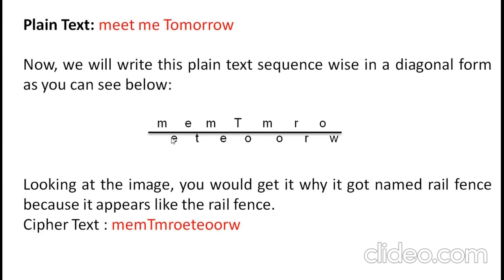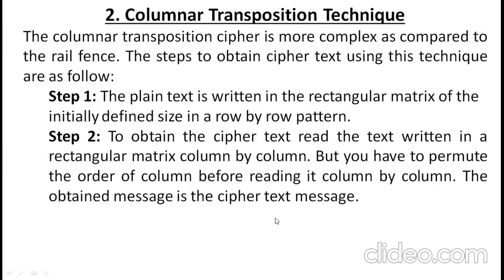To obtain the ciphertext, we read row by row. In the first row we have MEMTMRO, so the first part of the ciphertext is MEMTMRO. Thereafter, ETEOORW. This is how we obtain the ciphertext in the rail fence.